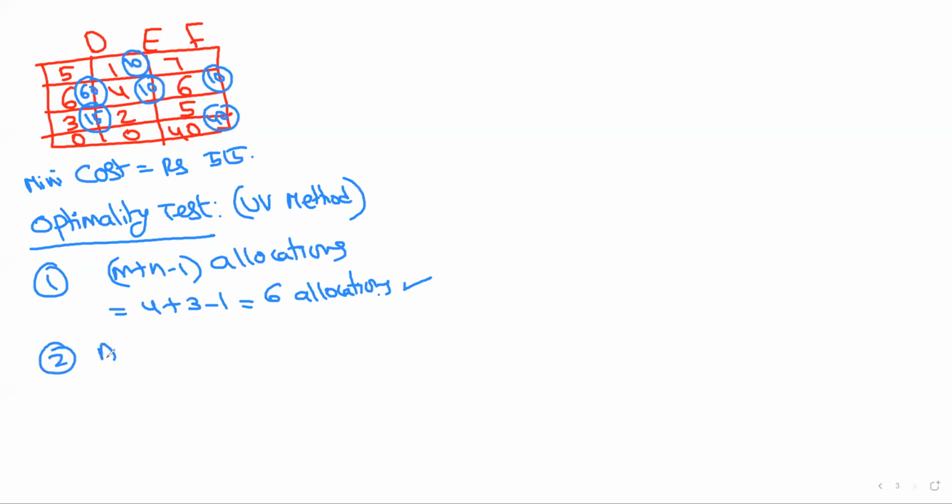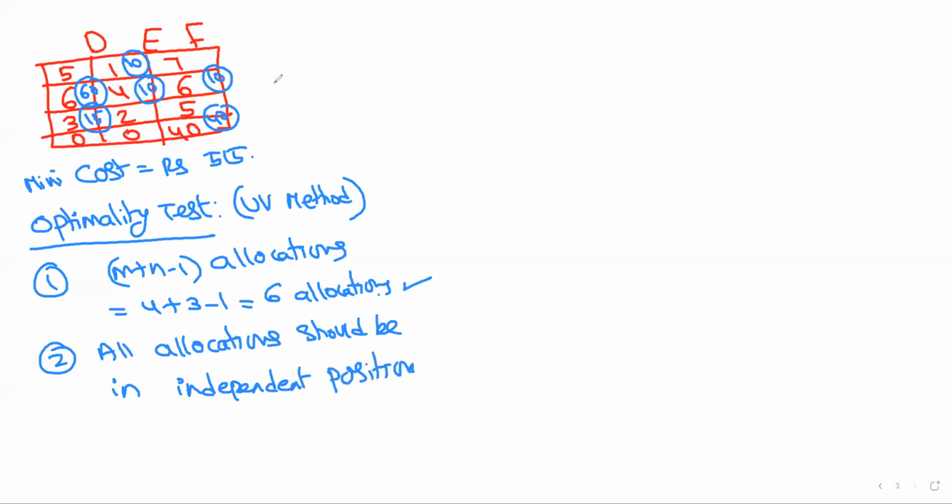Step 2: all allocations should be in independent position. Independent position means they should not form any closed loop. If you have any doubt, I'll draw the diagram. We have 4 rows and 3 columns, and here we have the allocations.